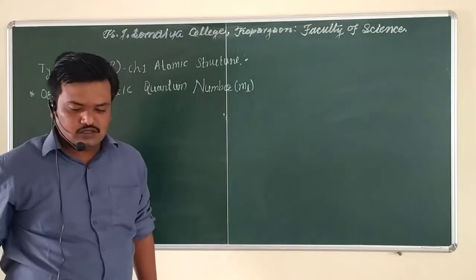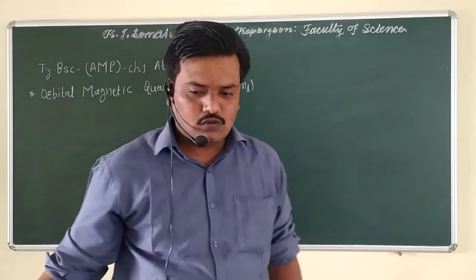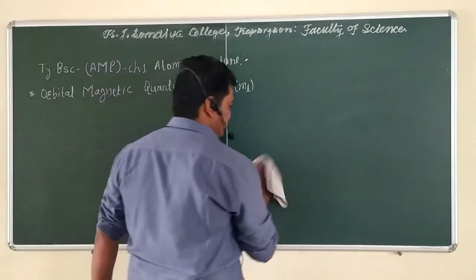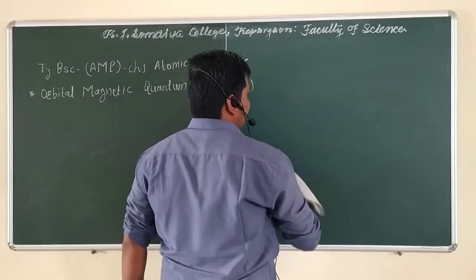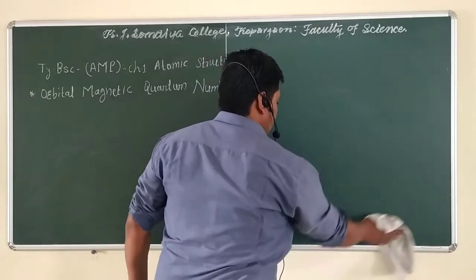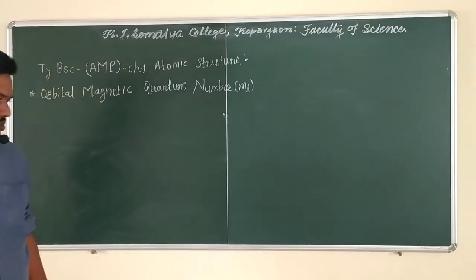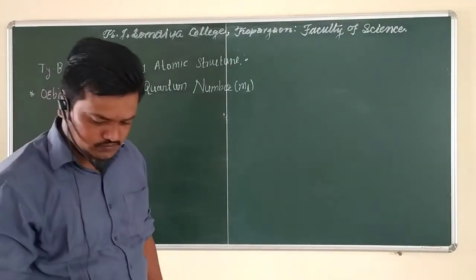The value of ml depends on the orientation number, twice l plus 1, and also depends on the orbital quantum number.